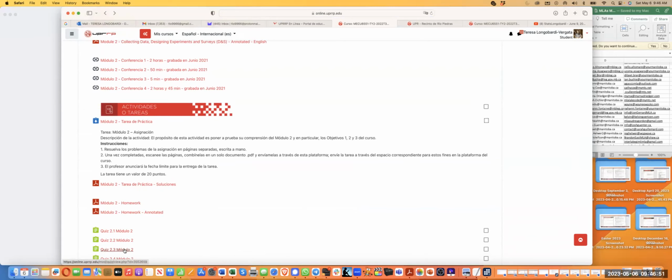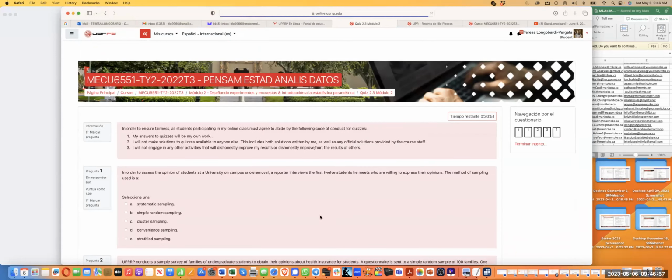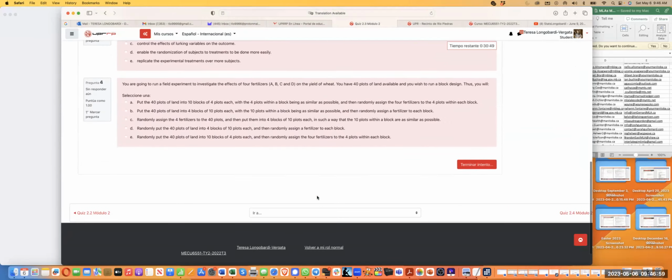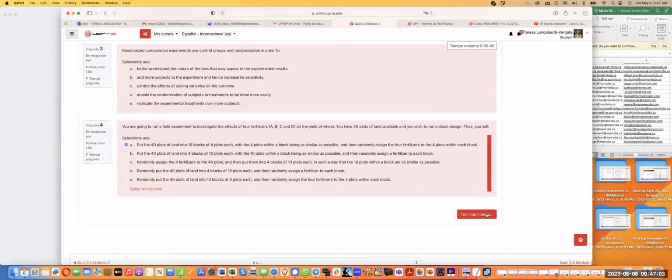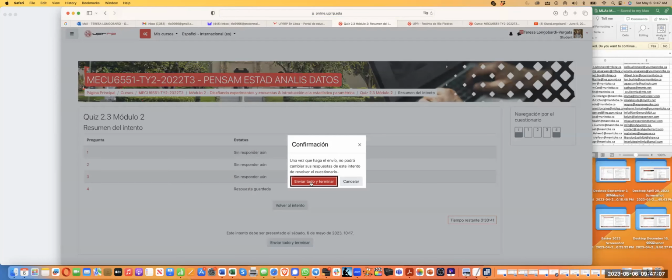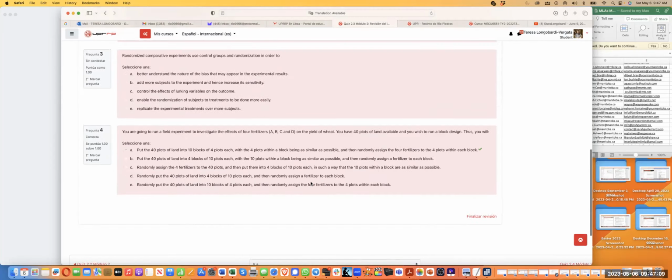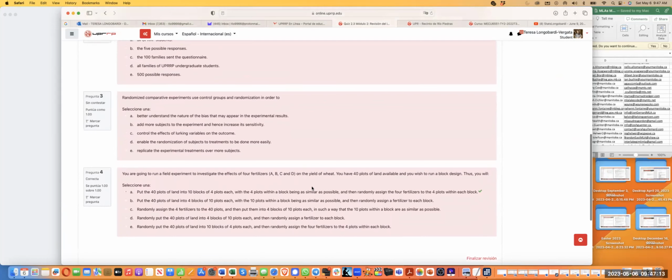Maybe A and D were very similar, but I think the A did include getting all the treatments to each of the blocks. Let's see if I get it right. Yes. Yes. Oh my gosh, I was nervous. Yes, it's the first one. Okay.